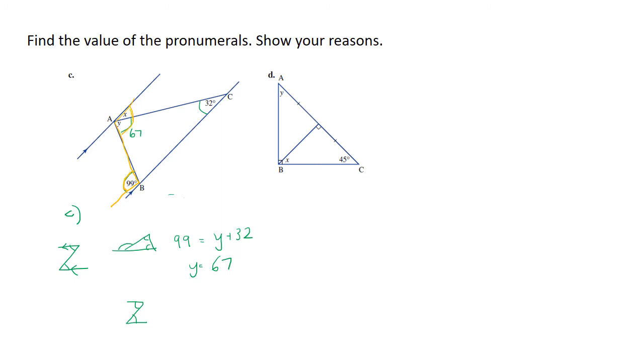Right, so what we're saying there is that x plus y, which we know is 67, equals 99. Okay, so x plus 67 equals 99. So 99 take away 67 equals 32. All right, so x equals 32, y equals 67, all done.